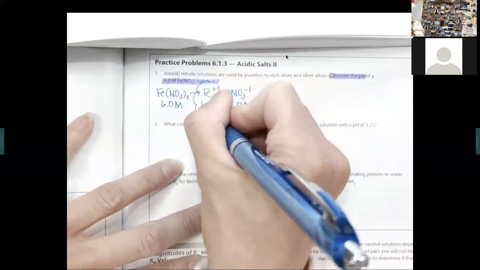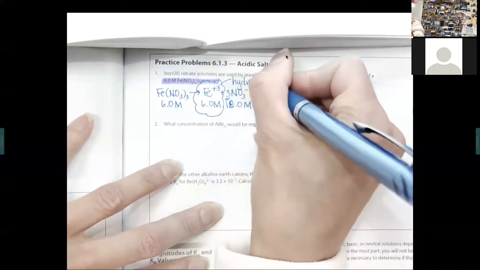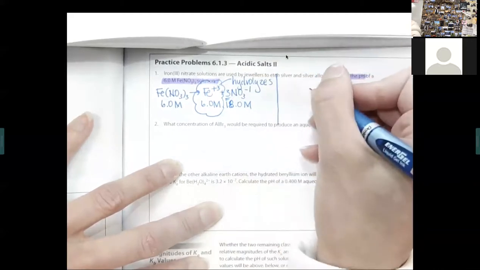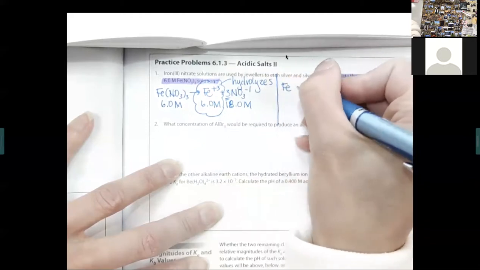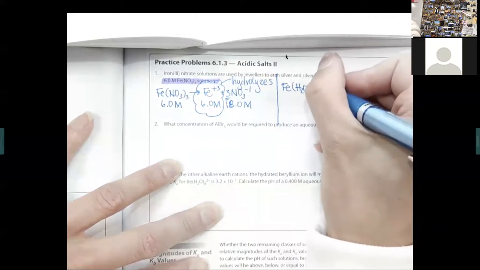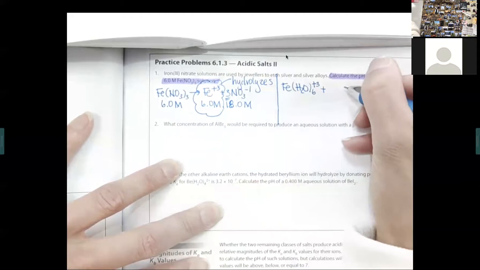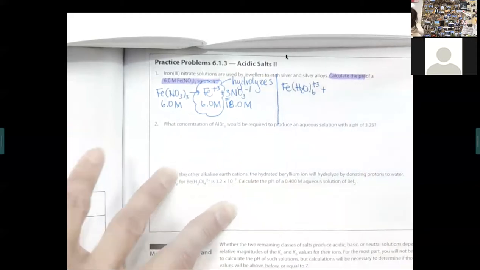Now, this right here hydrolyzes. So what that means is we're going to take the Fe with water, and this is one of the hydrated cations on the previous page.